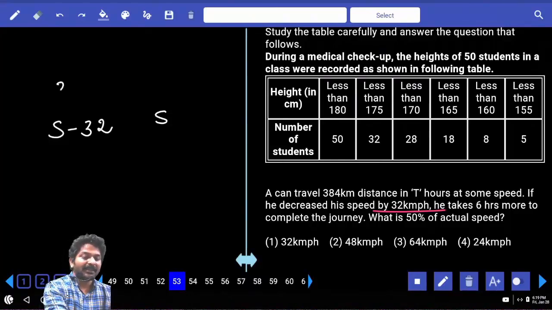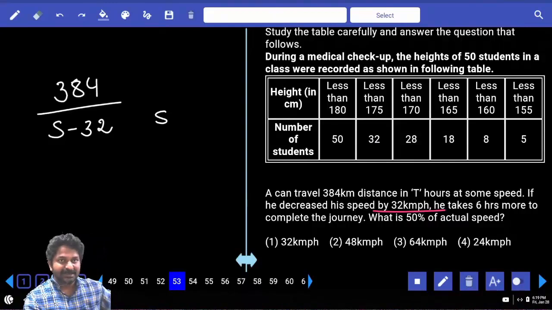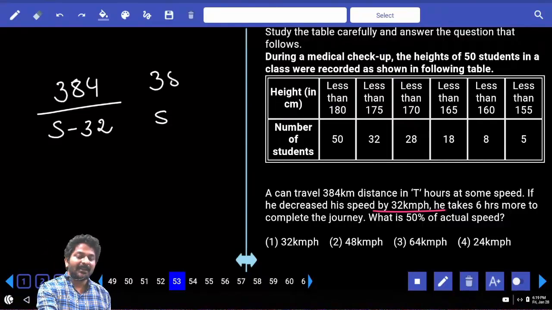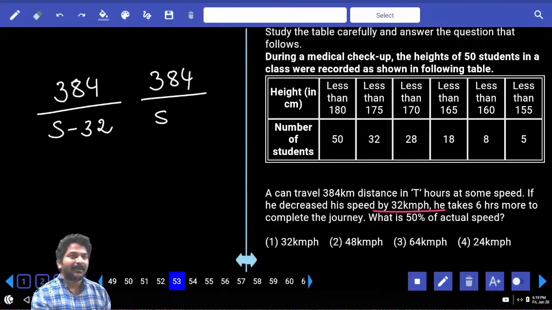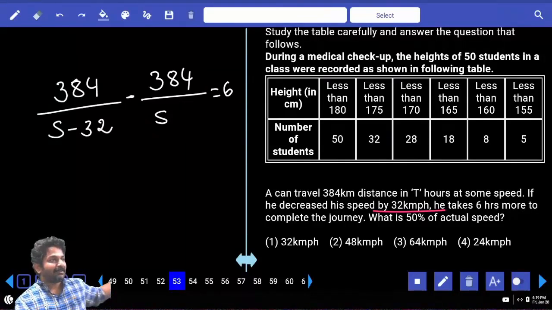To cover 384 kilometers with decreased speed s minus 32, this is the time taken. And to cover the distance at the original speed, the time is 384 by s. The difference between these timings is equal to 6. There is only one variable. If you solve this equation, you will get the s value.